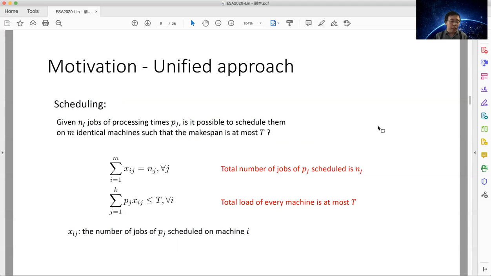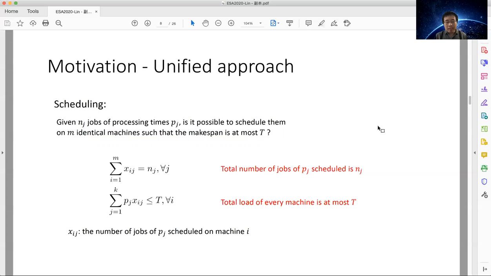For this decision problem, it's not difficult to come up with a natural integer program. If we let x_ij be the number of jobs of processing time p_j that are scheduled on machine i, then we can come up with the following natural integer program.